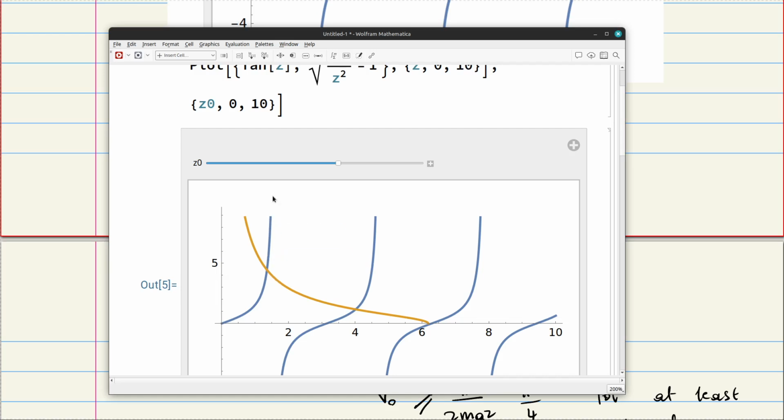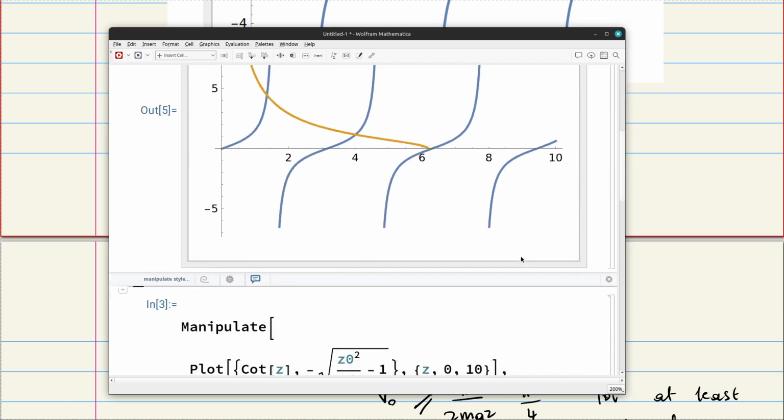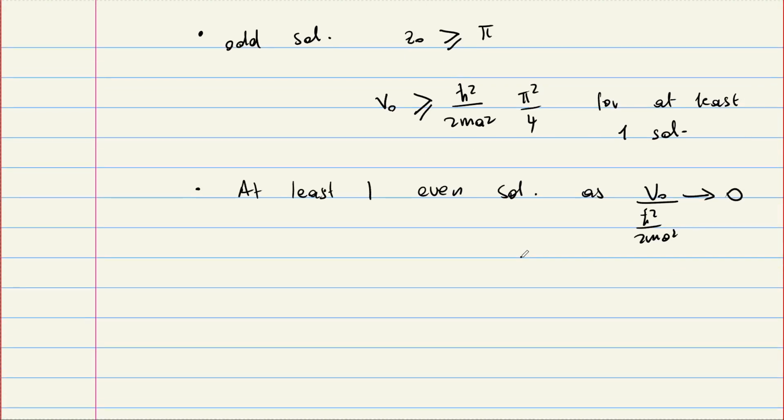They more or less intersect where the tangent diverges, and tangent diverges at n times pi. And from here, let me write this condition too and finish it there. Zn is equal to n times pi, and this is for even.